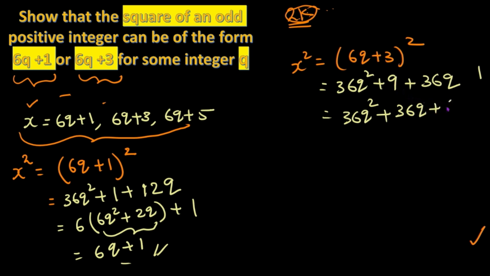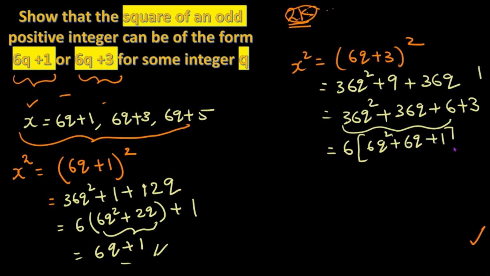This 9 can be written like 6 plus 3, right? If you take 6 common out of all these, it will become 6(6q square plus 6q plus 1) plus 3. So this entire term, if you take it as another variable like q, can be expressed like 6q plus 3.